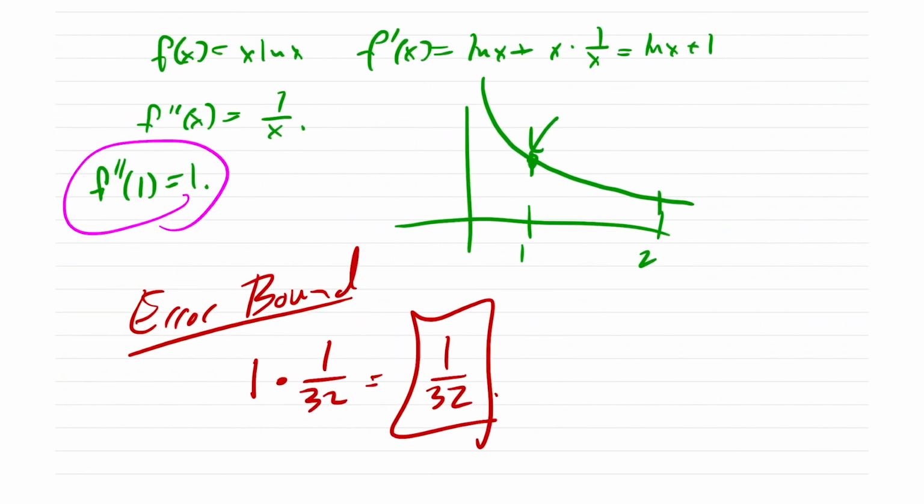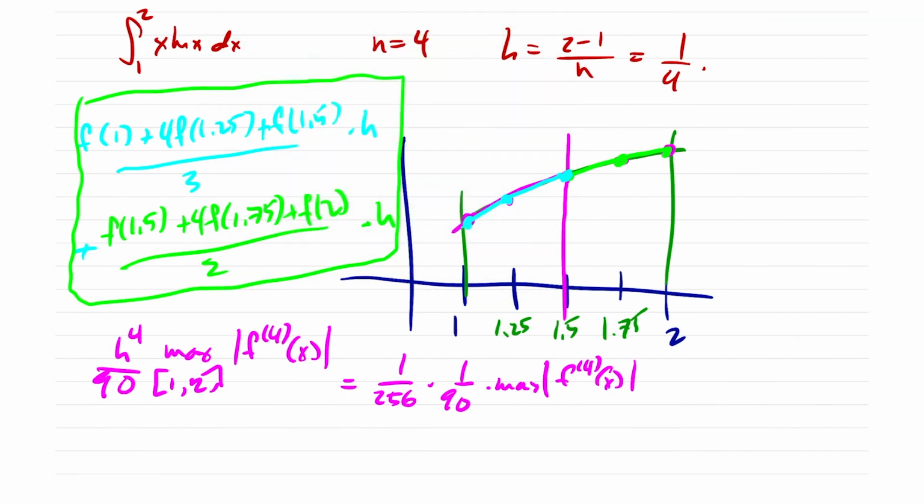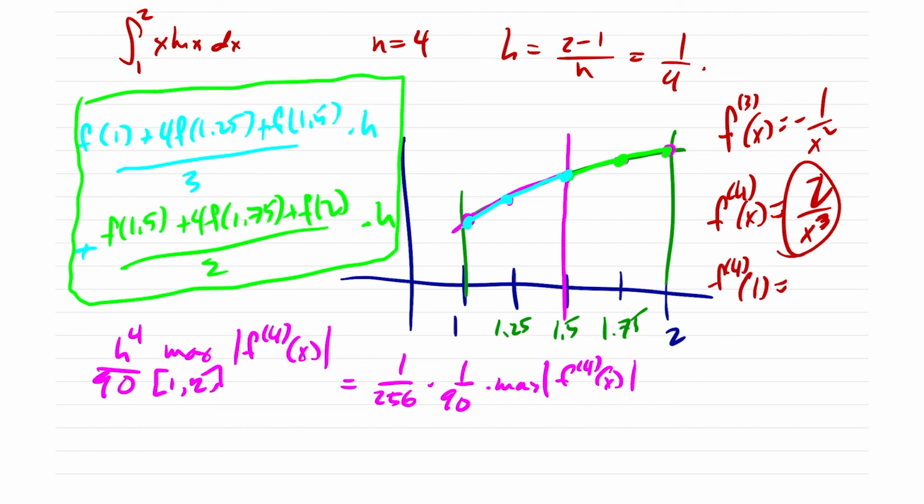So let's take a look. The second derivative is 1 over x. The third derivative f'''(x) is going to be negative 1 over x squared, and the fourth derivative f⁗(x) is equal to 2 over x cubed. If you wanted to find the maximum of that over the interval, that again happens when you put in 1, so f⁗(1), because this is just a decreasing function.